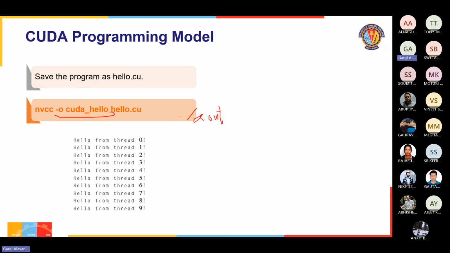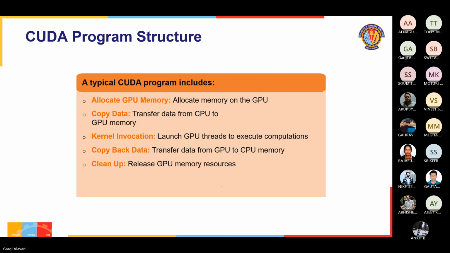This is NVCC, which is meant for CUDA. Then it will print hello from thread 0, thread 1, thread 2, thread 3, and so on. So that's a very simple hello world program on a GPU.